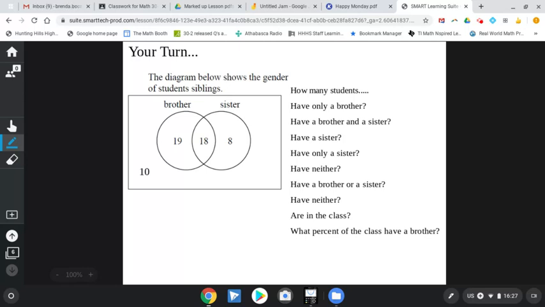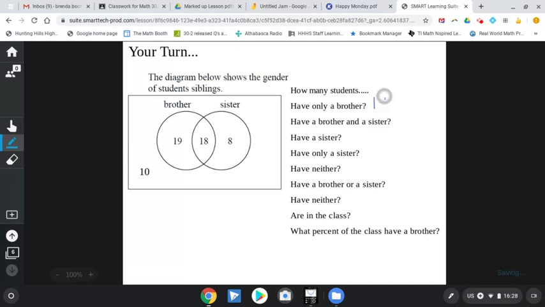All right, so we're looking here at the diagram below that shows the gender of student siblings. So the first question, how many students have only a brother?